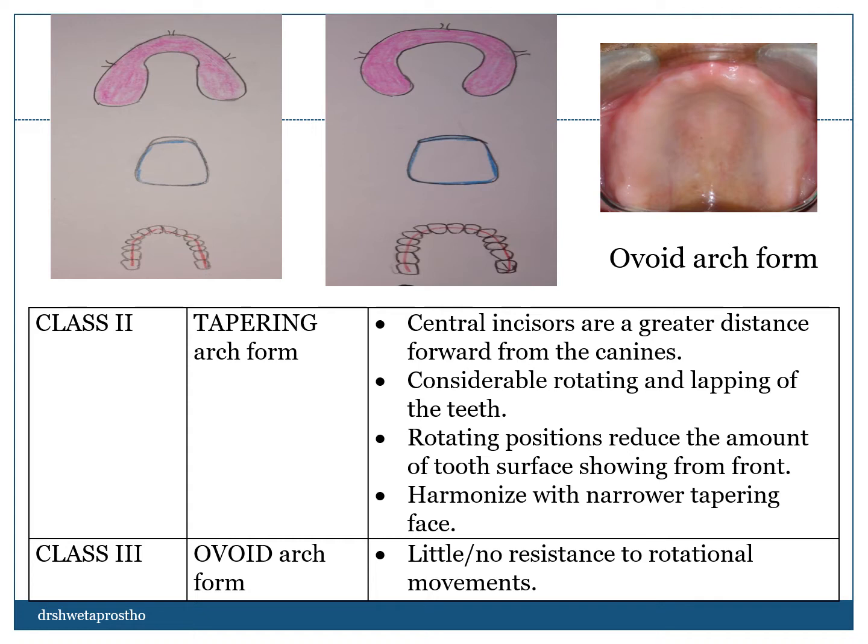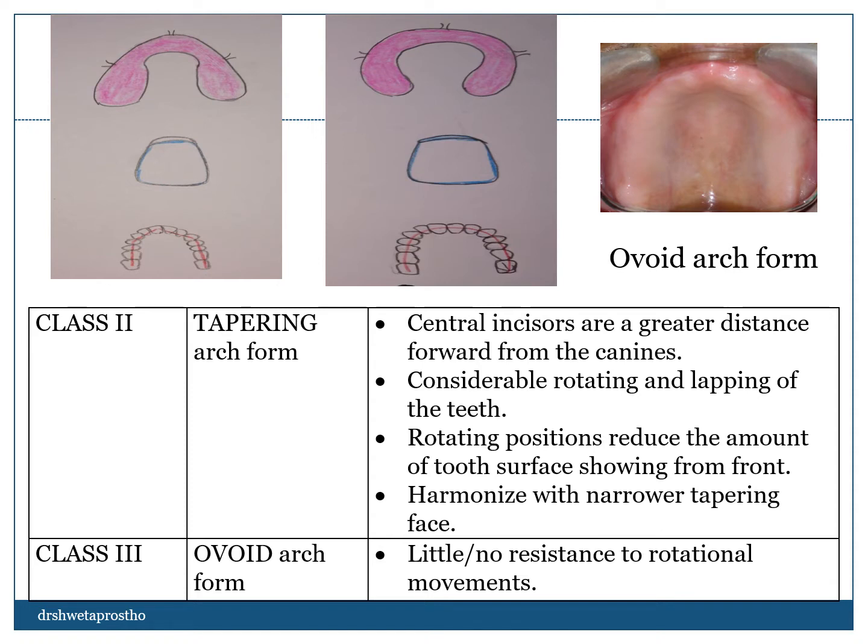It actually harmonizes with the tapering arch intraorally and a narrower tapering face extraorally if present. The center image shows the class 3 ovoid arch. This shows least or no resistance to rotational movements. The clinical picture shows the ovoid arch form.